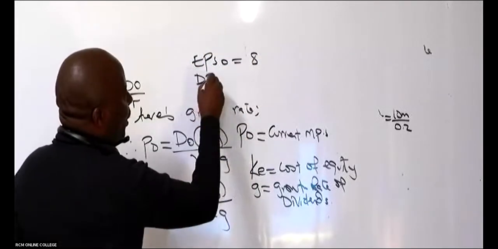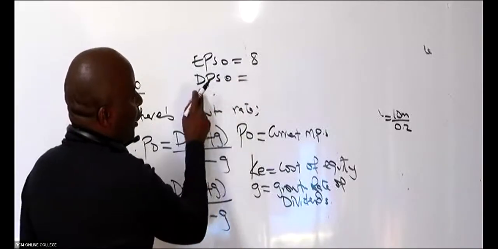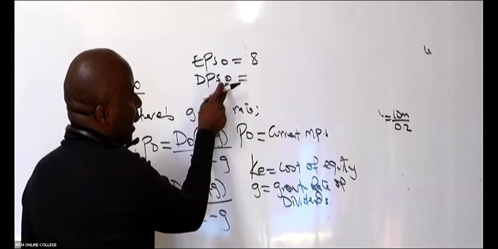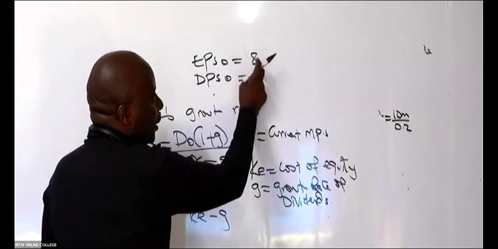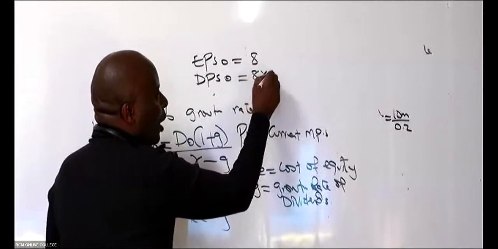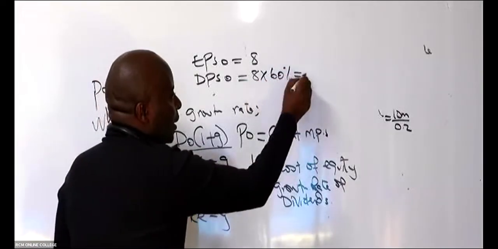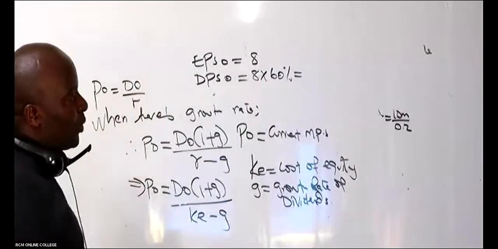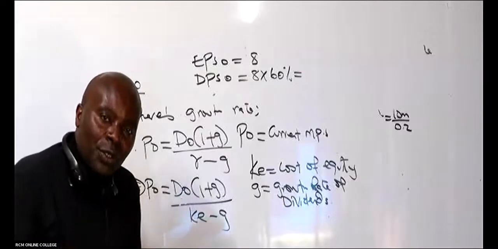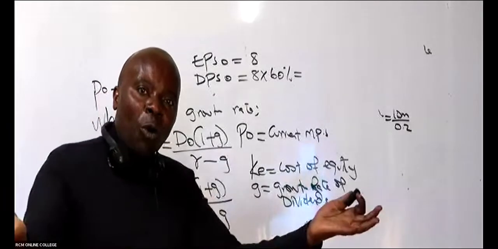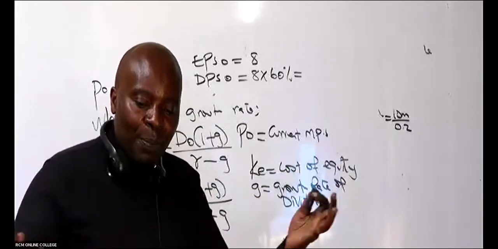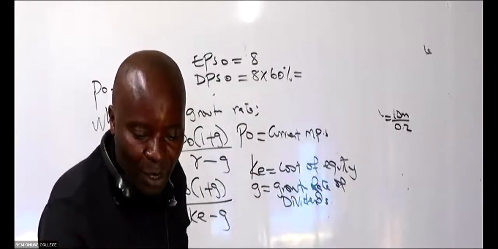Out of the company's earnings, they are paying 60% as dividends. Remember, dividend is what is being paid out.